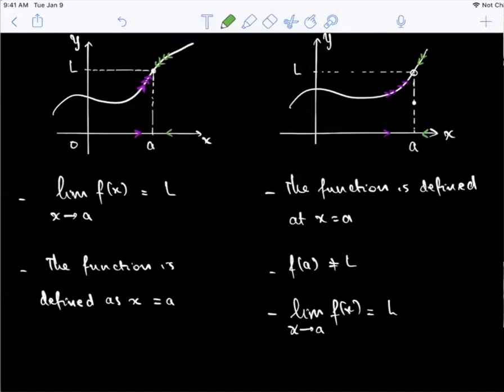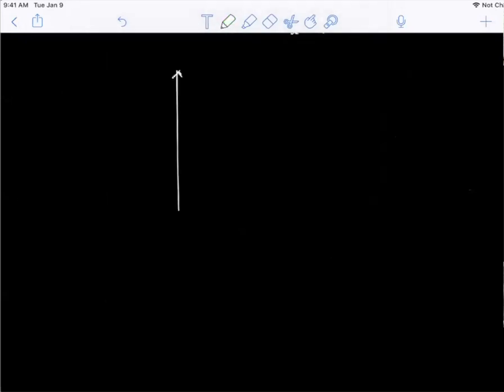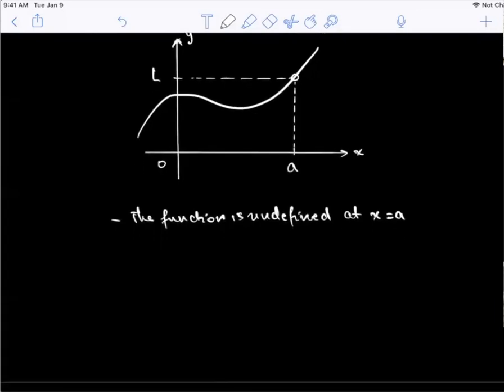Like I said, very similar, but for the third graph, you don't have the function defined at A. You have an open circle right here, and there is no closed circle. Because there's no closed circle at x equal to A, you say that the function is undefined at x equal to A. But you still have the limit.